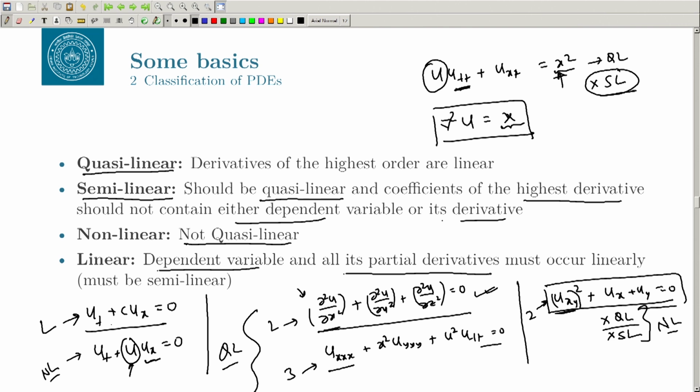In this particular case, your wave is travelling at the speed of sound c, right. Here, if you want to solve this equation, it is travelling at a speed which is u, and that u has to be determined from the equation, right. So, it is non-linear. In other way you can see, if you write u t plus u u x equal to 0, this is del u by del t plus u del u by del x equal to 0, right.